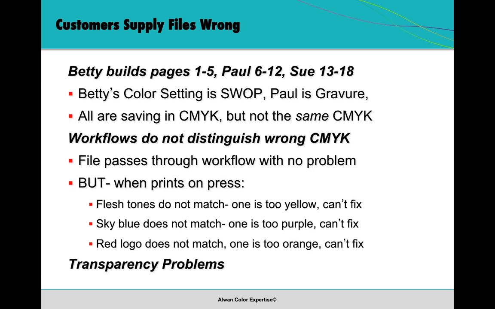Nor do you want, in either case, the press operator trying to chase that color fix. So this is one of those issues that I see every day printers struggle with. They have multiple images on the same form and they're not consistent. And this is all due to the workflow not distinguishing elements in the wrong CMYK color space.